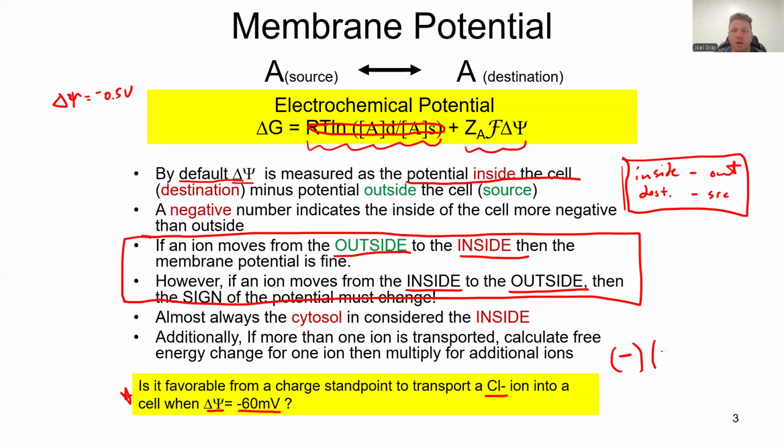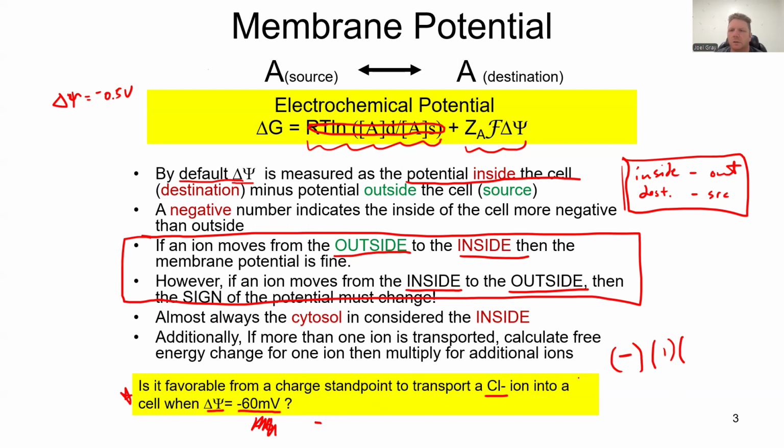We just want to know, is it positive or negative? And since Faraday's constant is a positive value, we could put any positive value in there. So I'm just going to put 1. It's a filler, basically. Then we have a delta psi value. That delta psi value is negative 60 millivolts. Let's call it negative 6 just for simplicity's sake. Or heck, we could just make it a negative value.